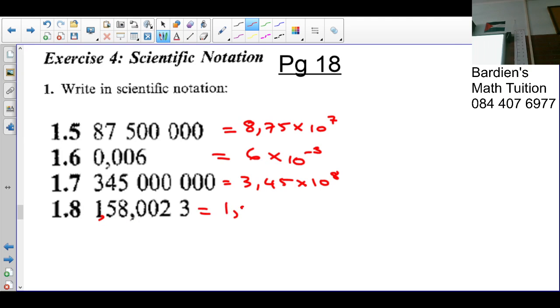So it's going to be 1,580023 times 10 squared. Okay. Any confusion, people? No confusion. Alright, can I move on?